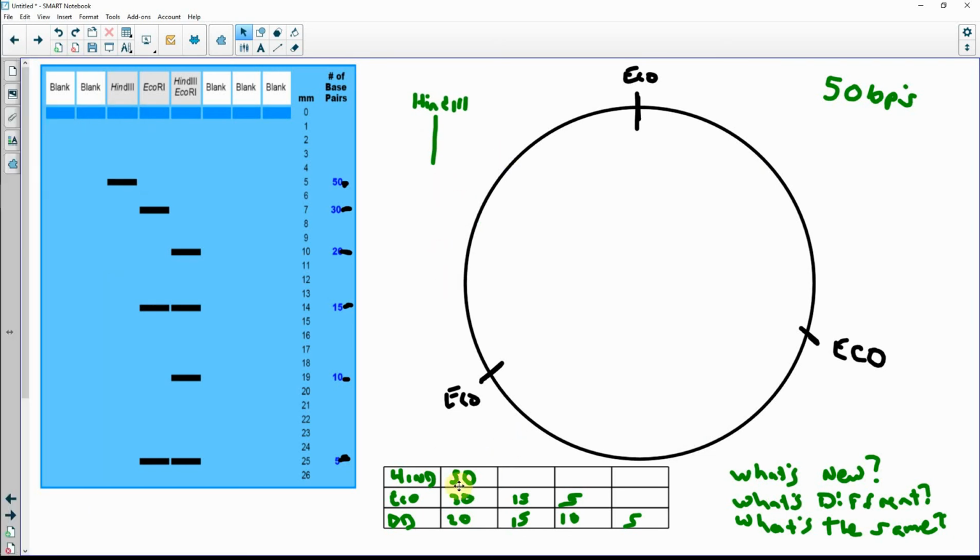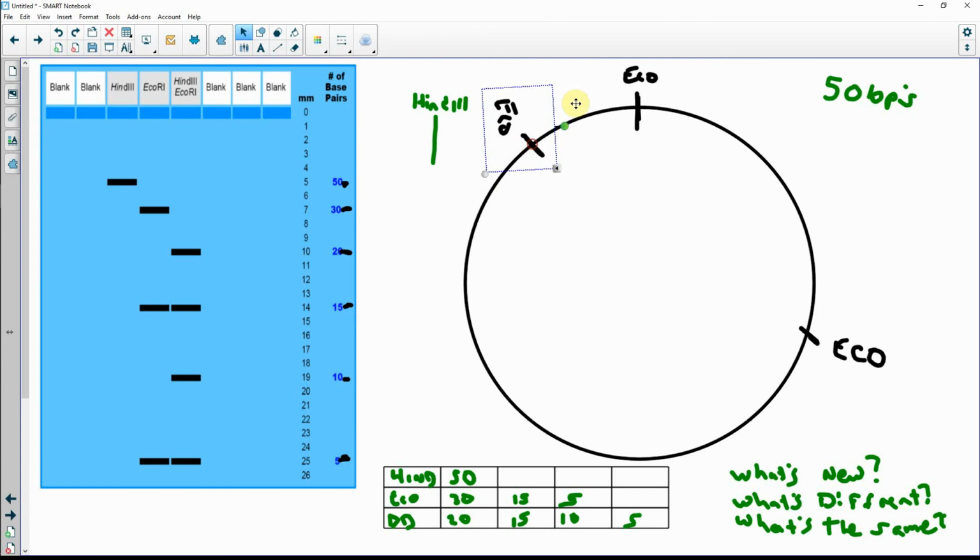And this is where I said it's a Sudoku, a logic puzzle. I know Eco will give me a piece of DNA that's 30 bases big, another that's 15 bases big, and another that's 5 bases big. This isn't even to scale. Let's say this is actually up here, and I'm going to turn it.